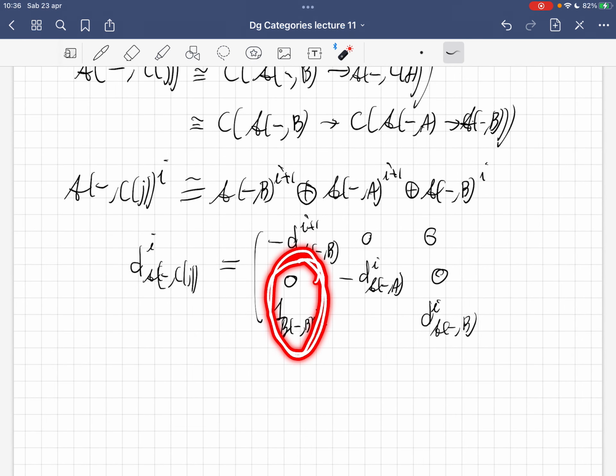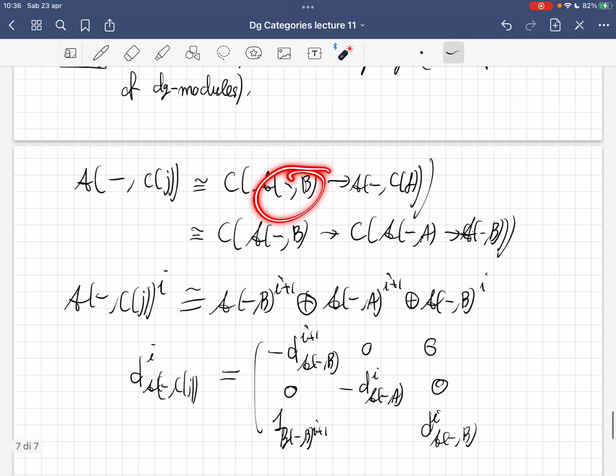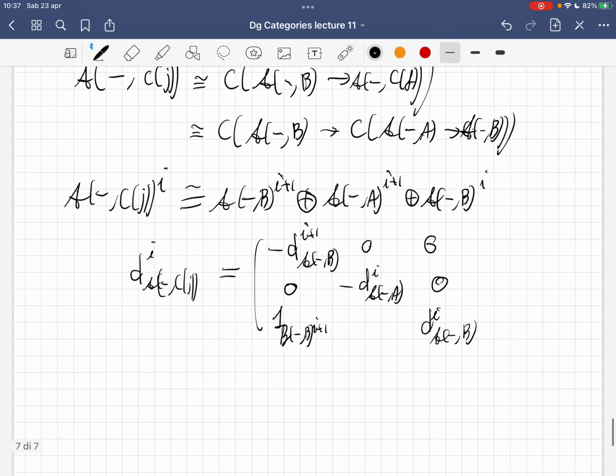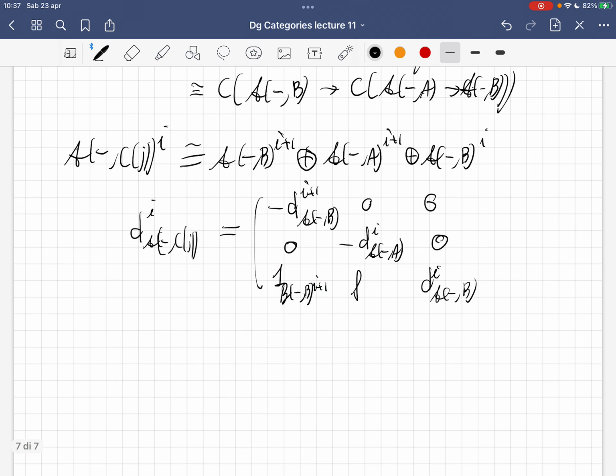In matrix notation, this map really is the inclusion of this to the second component of this. You have to think a little bit about it, and here you have the F, or at least the Yoneda image of this F.